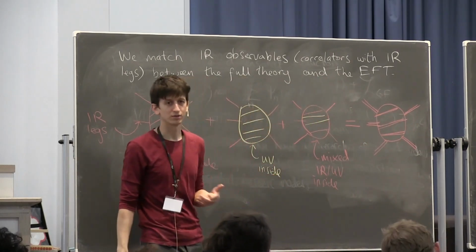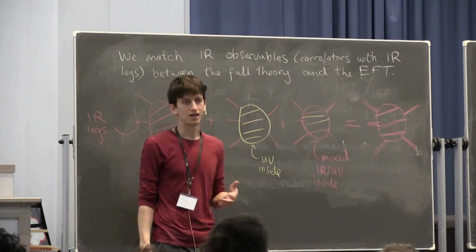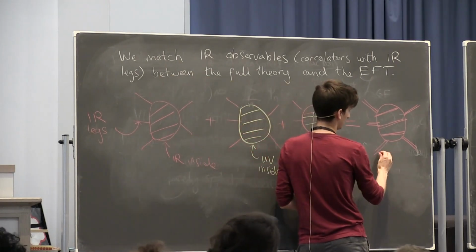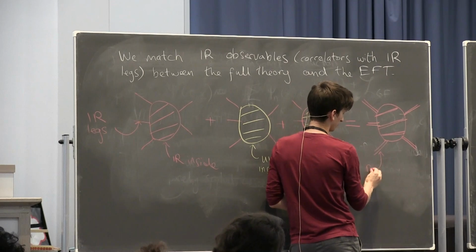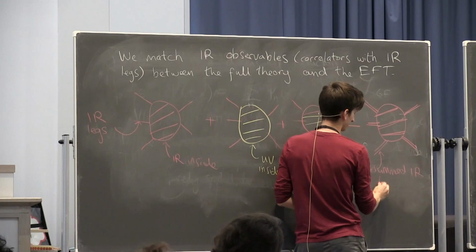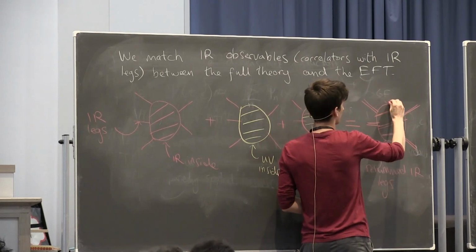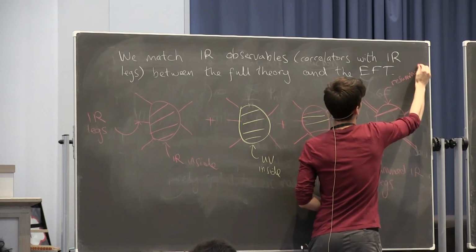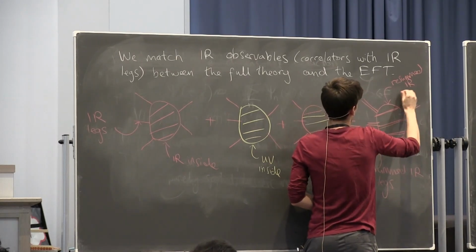And I can potentially have new terms like a mass squared for the A naught field. So this is a resummed IR legs and resummed IR inside.